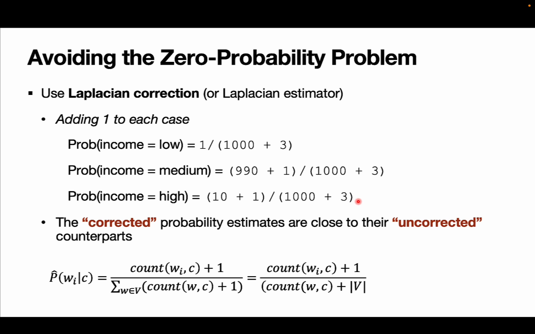In summary, the key idea is that just because a category doesn't appear in the dataset, it doesn't mean it's impossible to happen. So we need to be careful in how we compute these probabilities.